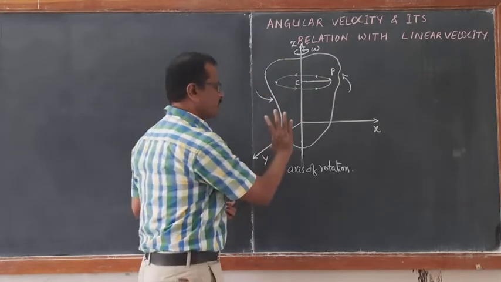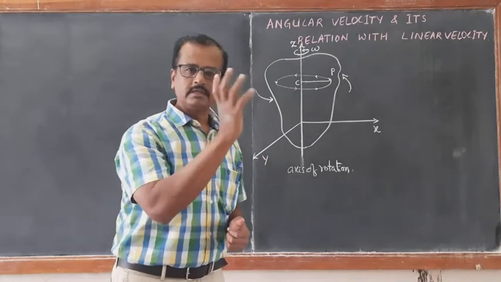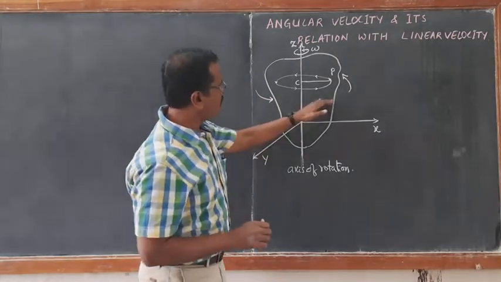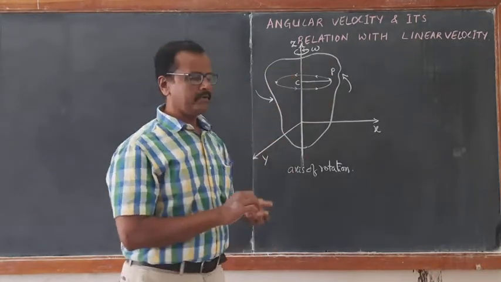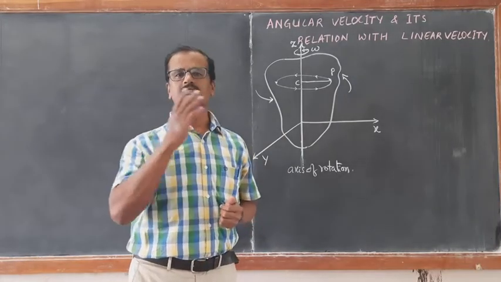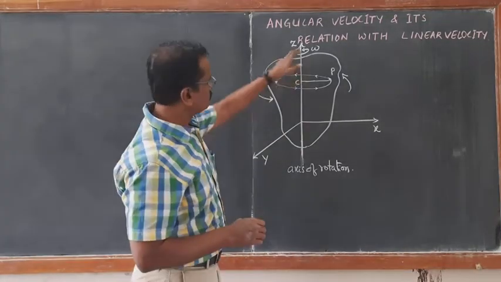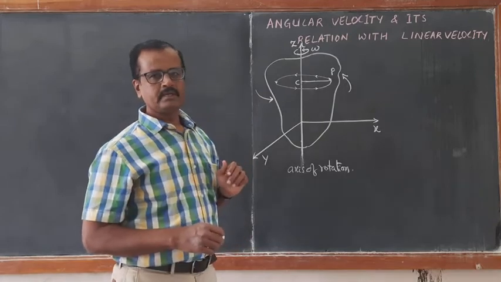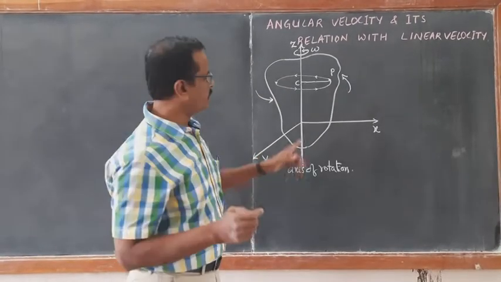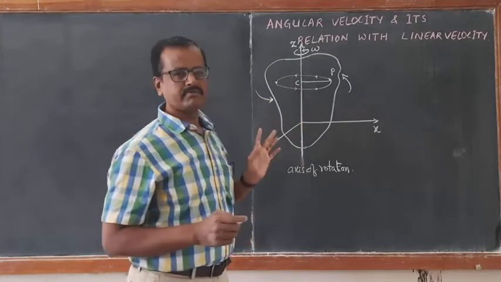It means when the rigid body undergoes the pure rotational motion, all the particles of this rigid body will have their own circular motion about the fixed axis. Their centers will be on the axis of rotation.